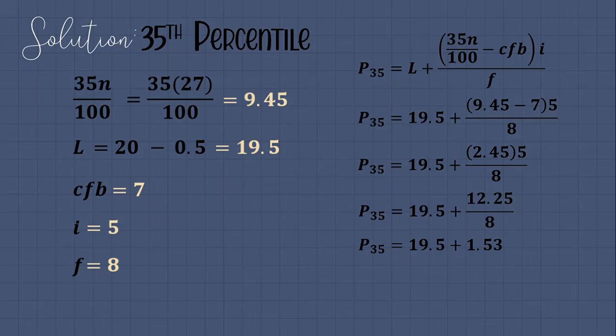Divided by 8, that is 1.53. Plus 19.5, P sub 35 is equal to 21.03. Therefore, 35% of the class got a score lower than 21.03, and 65% of the class got a score higher than 21.03.